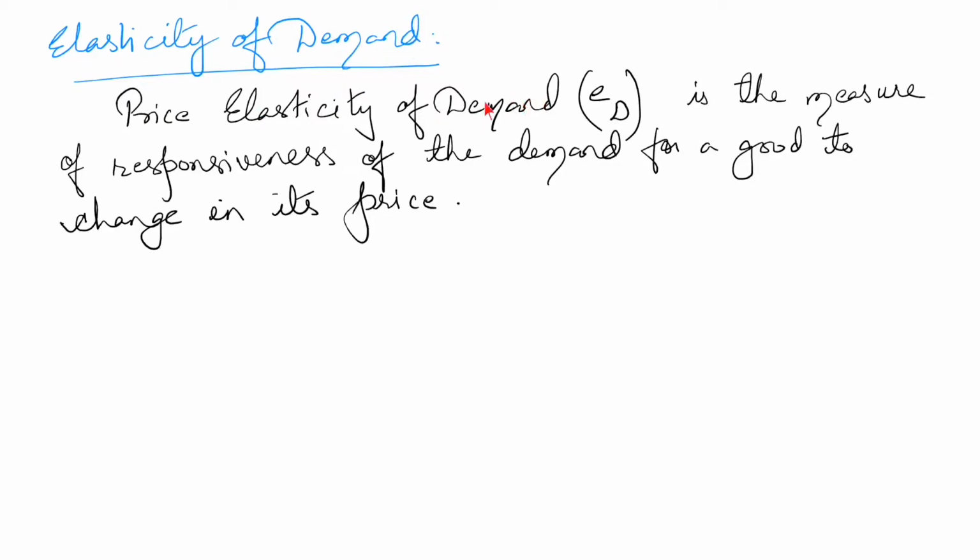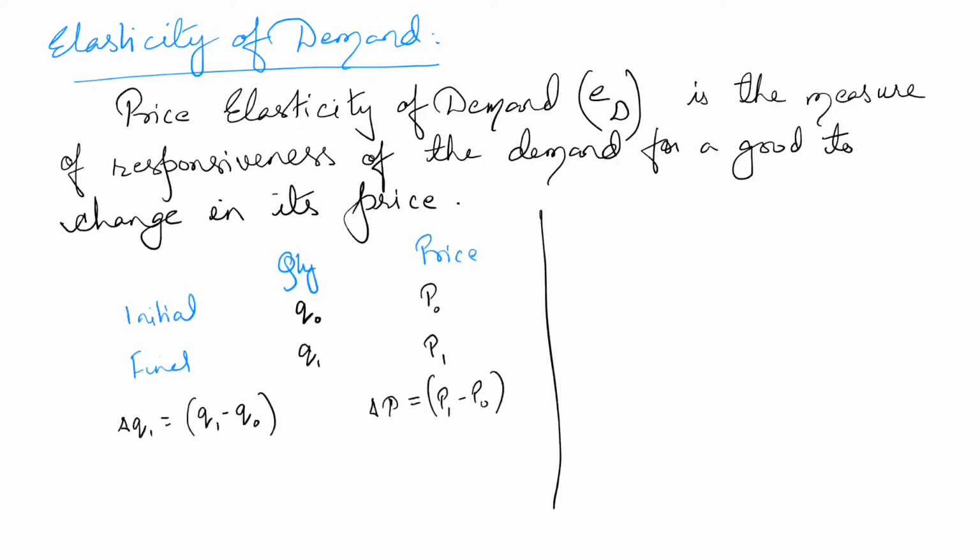Elasticity of demand. Price elasticity of demand, denoted by ED, is the measure of responsiveness of the demand for a good to change in its price. Now let's see. Q0 is the initial quantity and Q1 is the final quantity. P0 is the initial price and P1 is the final price.